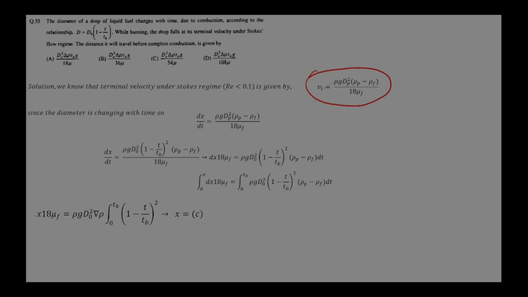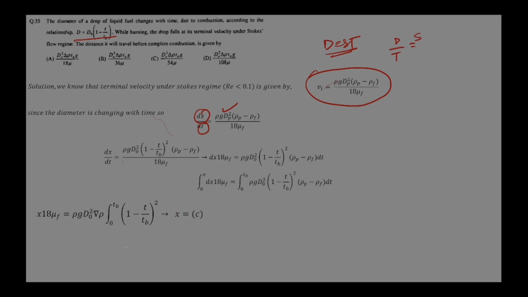Since the diameter is changing with time, distance equals speed into time. When I want speed, distance upon time should be there. So this is the distance and this is the time, dy dt, and it is changing. Now writing d in the form of d naught, because this is a relationship with respect to t, and rearranging, ultimately we'll find this.